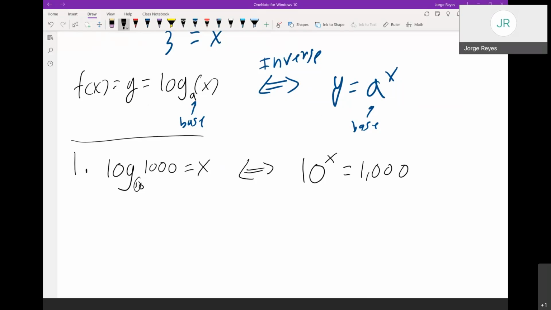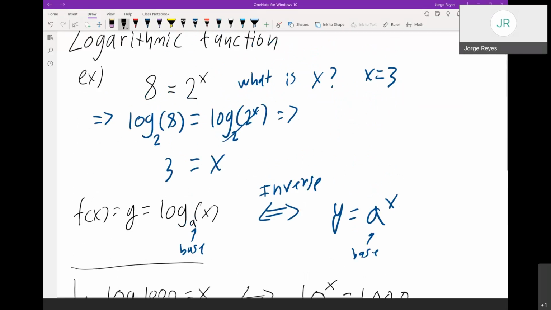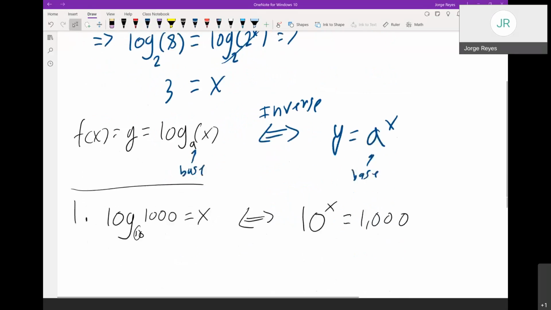Okay, so we just do the same thing we did up here: I need to figure out what power gets me 1,000, and then you get the same answer, x equals 3, because 10 cubed is 1,000.